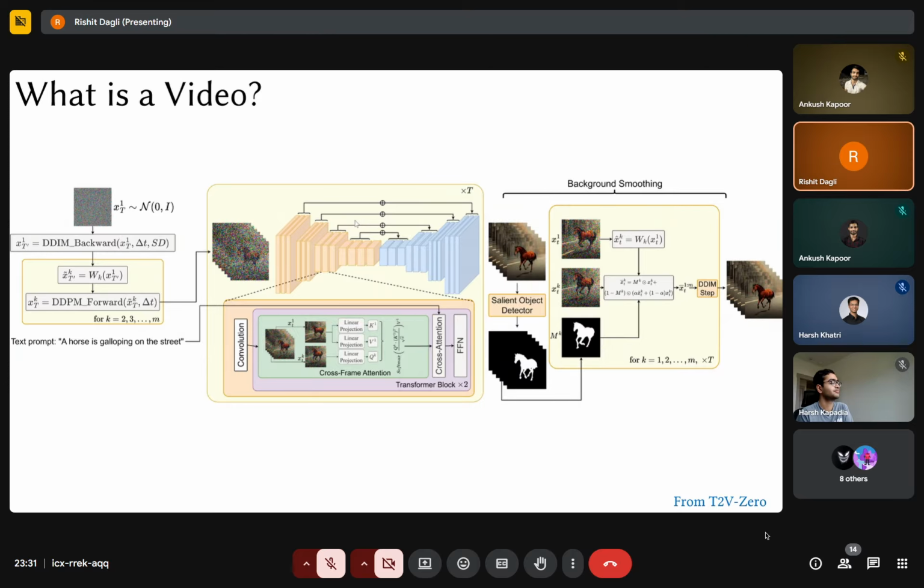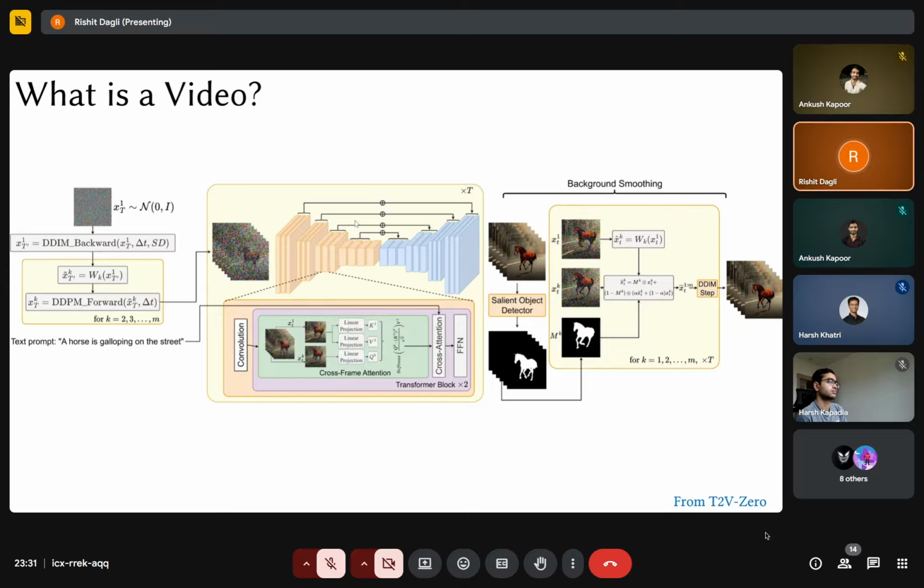Let's come back to video for a minute. We can also think about directly generating 4D, but let's come to video for a minute and think about what a video is. One way to think about videos could be that you use a bunch of image models and somehow try to move some parts of the image around, and if you do this well enough then you can get a video.